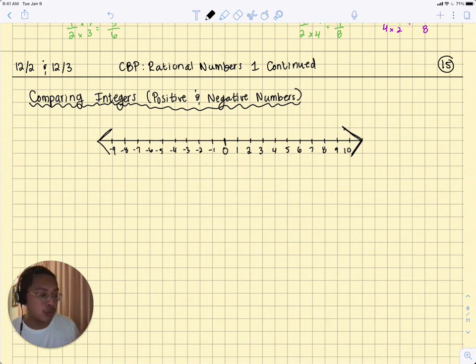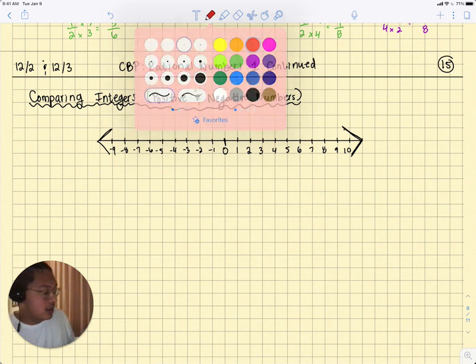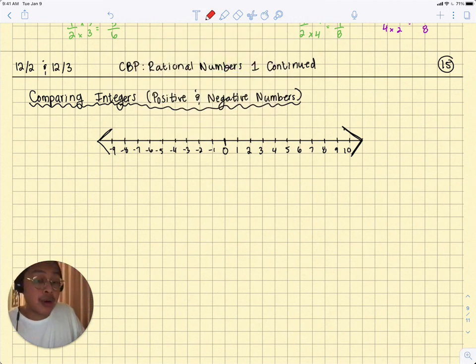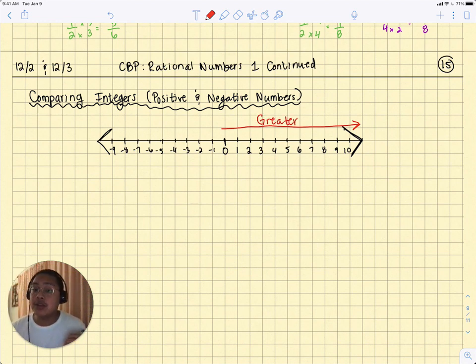So a general rule of thumb: the further right you are on your number line, so if you are placed further along to the right of 0, your value becomes greater, okay?